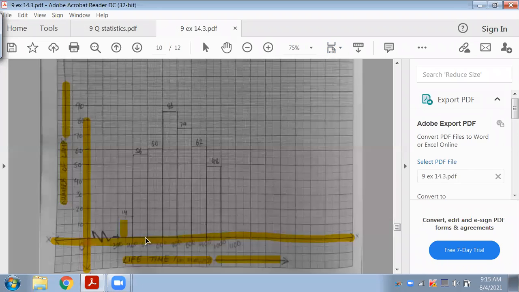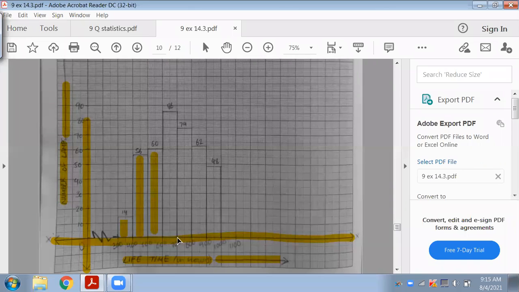So for 400 to 500, we are going to draw a bar till 56. So 50 is here. 56 will be from 50, the sixth line will be 56. Then next is 500 to 600, the frequency is 60, so we're going to draw a bar till 60.